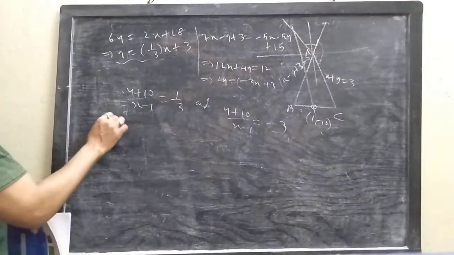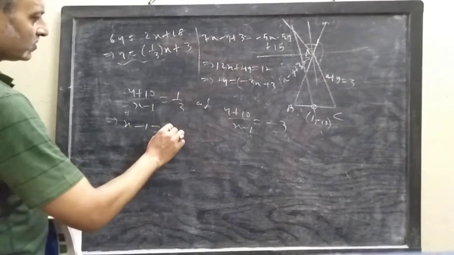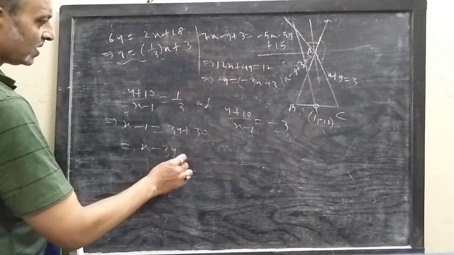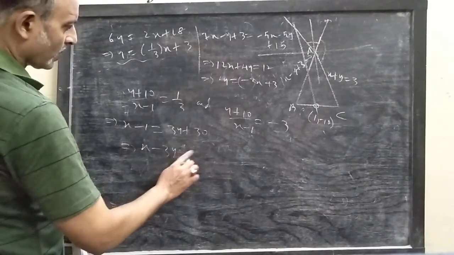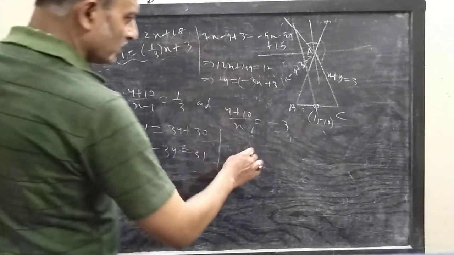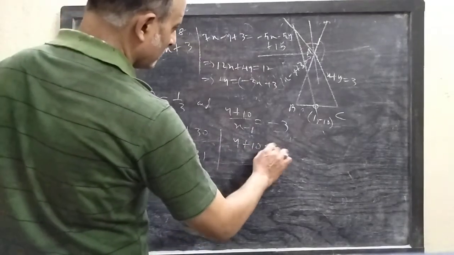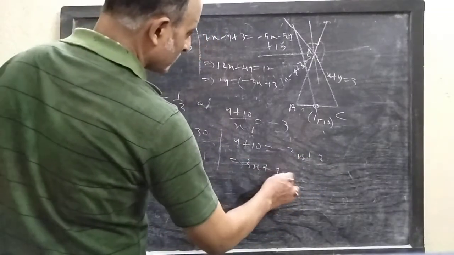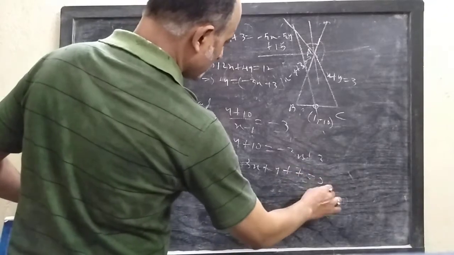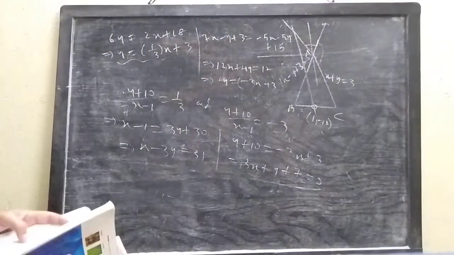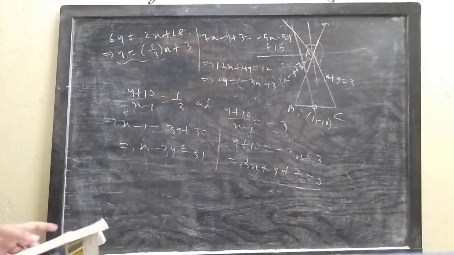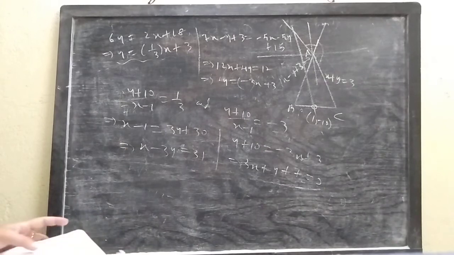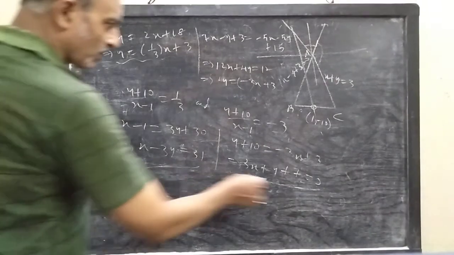Now just simplify it. x minus 1 equals 3y plus 30. So ultimately we get x minus 3y equals 31. From this we get y plus 10 equals minus 3x plus 3. So 3x plus y plus 7 equals 0. These are the possible equations of the third side: 3x plus y plus 7 equals 0, x minus 3y equals 31. Okay?